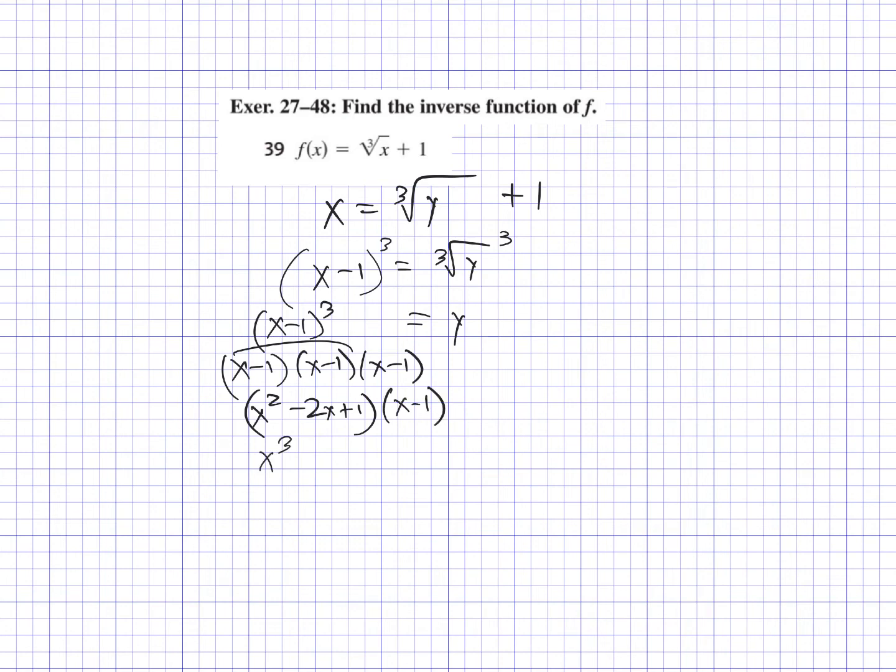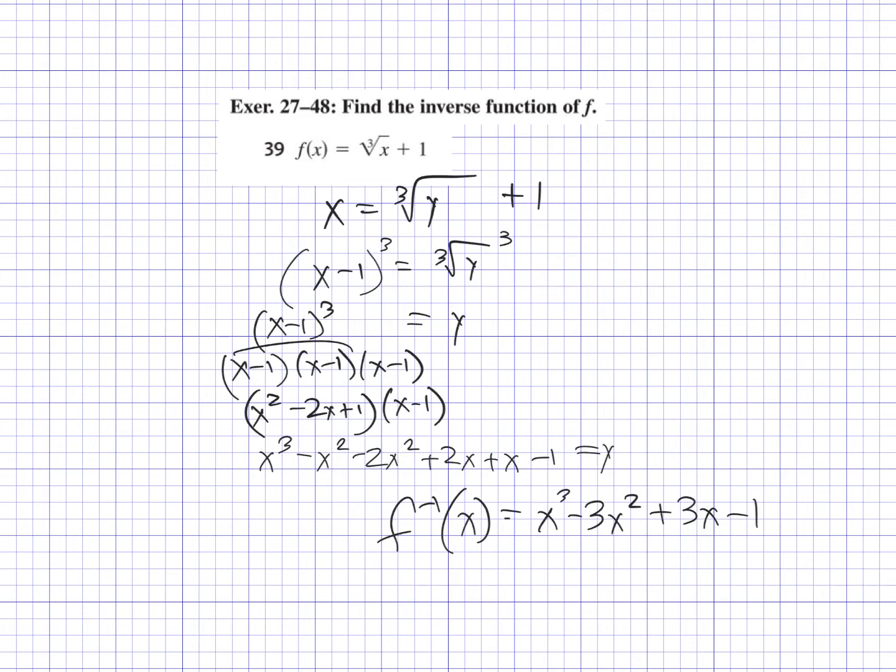So x cubed minus x squared minus 2x squared plus 2x plus x minus 1 equals y. So the inverse is equal to x cubed minus 3x squared plus 3x minus 1.